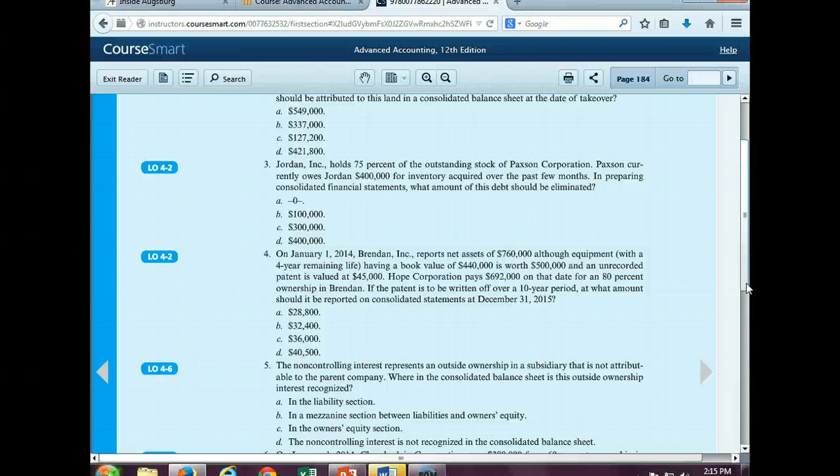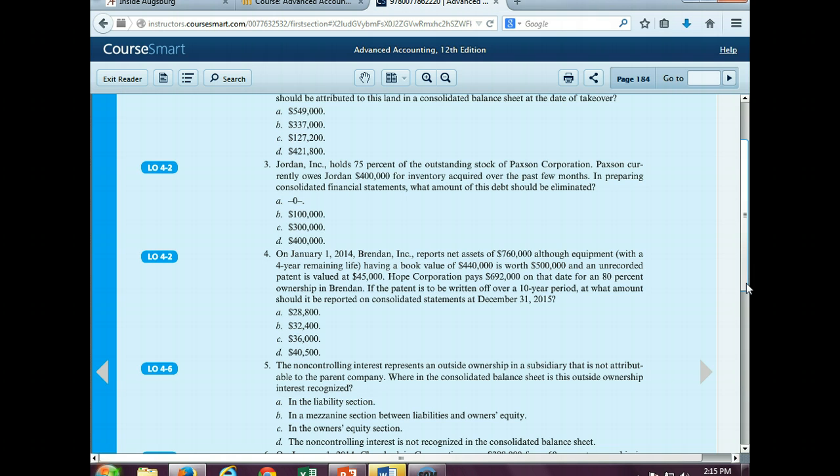This is what I think they were trying to get at on the PowerPoint slide. They were really covering 2 years, although it doesn't look like it to me. In this scenario, what we have to do is show the patent had a $45,000 value.